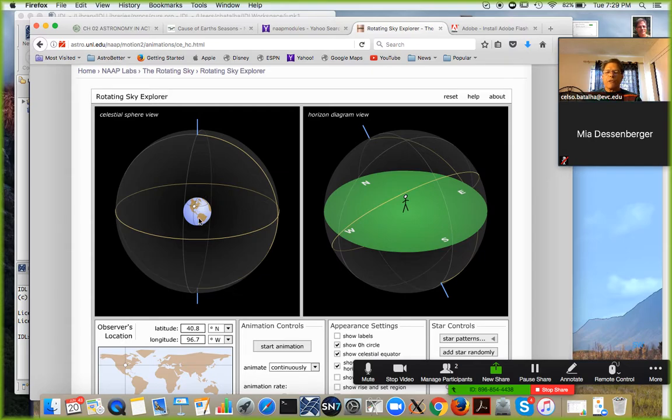So in this animation, Earth is shown in the very center of the celestial sphere. Again, the celestial sphere is not a real thing, it's an imaginary sphere that was brought to the attention of ancient astronomers, as they thought that stars could be glued to this sphere, and the sphere itself would rotate and give this false perception that the stars are the ones that go around us, and not us that rotate and then see the stars moving in the opposite direction.